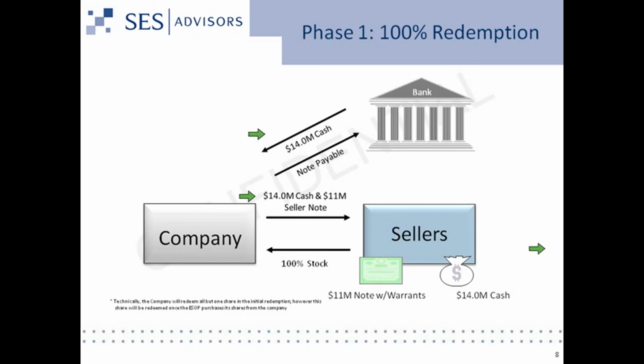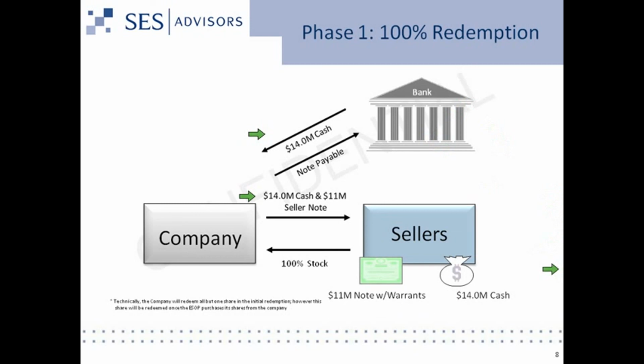So again, we start with the loan from the bank to the company of $14 million and the redemption by the company of the seller's stock for $25 million. And they pay that with the $14 million cash they borrowed from the bank and an $11 million note with a warrant attached to it that the company issues to the sellers.